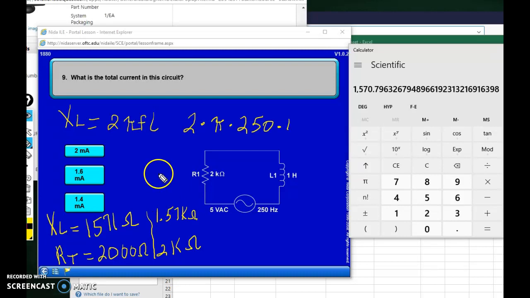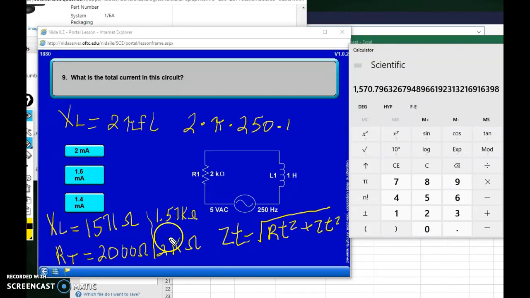Either of those works fine, whichever one we decide. And now we've got both X of L and RT, so now we can get ZT. Remember, ZT is equal to the square root of RT squared plus X of L squared. So we've got to square both of those. I'm going to use the K value simply because it's simpler in my mind.